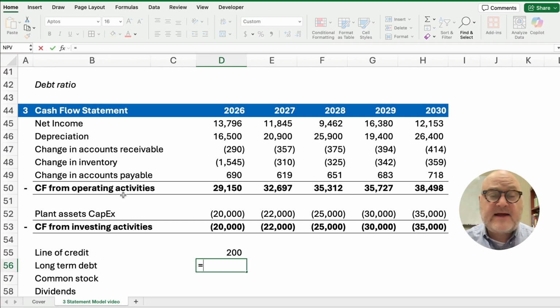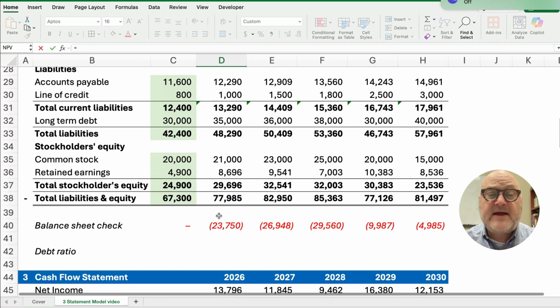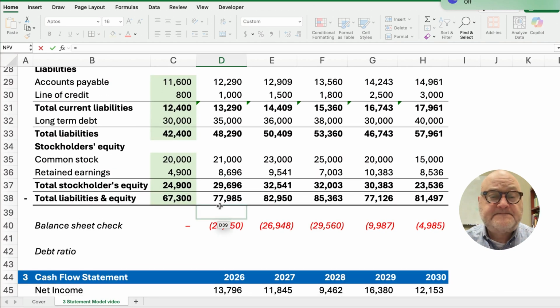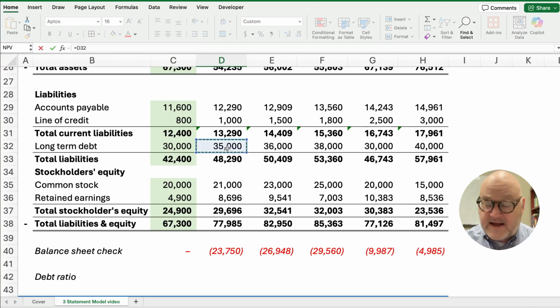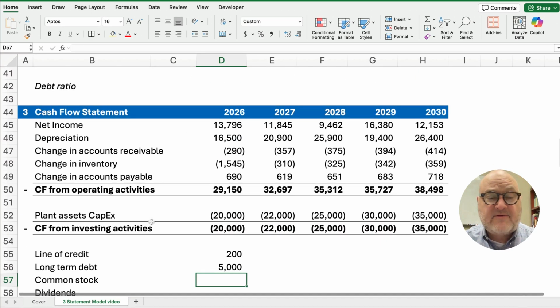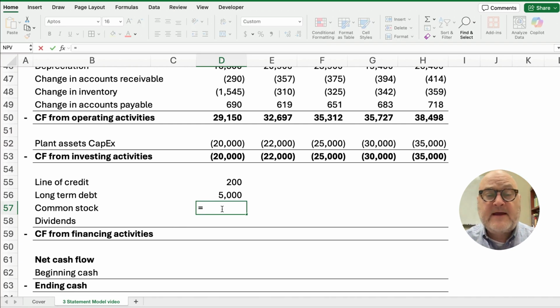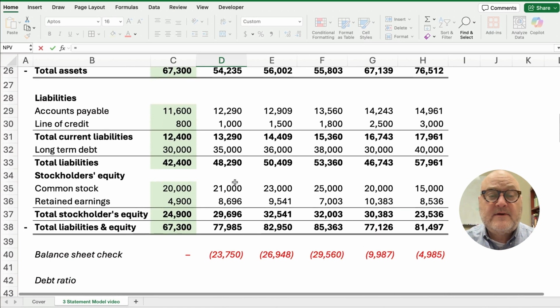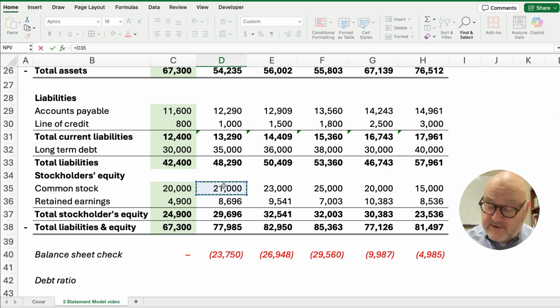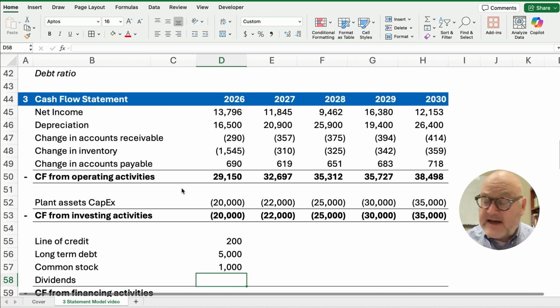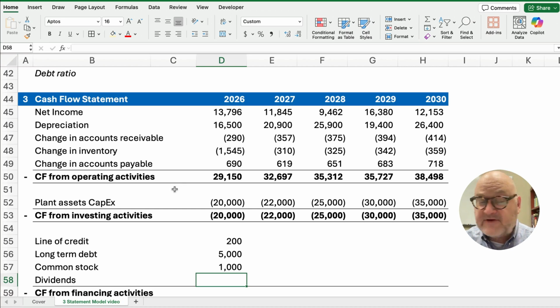Long-term debt, same kind of idea: 35 minus 30. So we borrowed 5,000 more. Common stock goes from 20 to 21,000, 21 minus 20. We issued and got $1,000 more of stock.